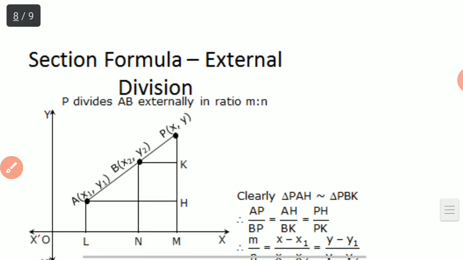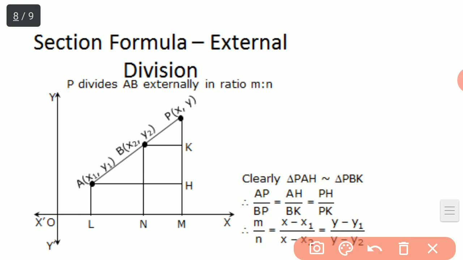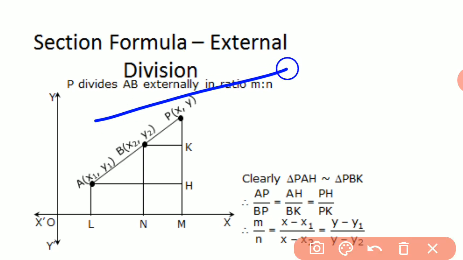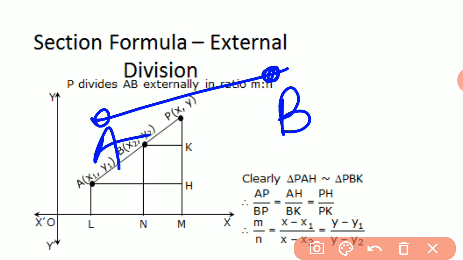Next is the section formula for external division. Suppose this is a line AB, this is A and this is B. Suppose this point P divides this line externally.